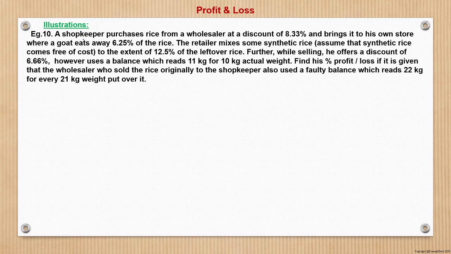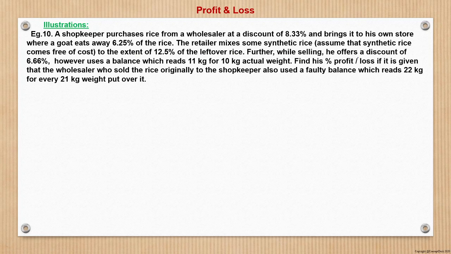It reads that a shopkeeper purchases rice from a wholesaler at a discount of 8.33% and brings it to his own store, where a goat eats away 6.25% of the rice. The retailer mixes some synthetic rice. Assume that the synthetic rice comes free of cost to the extent of 12.5% of the leftover rice.